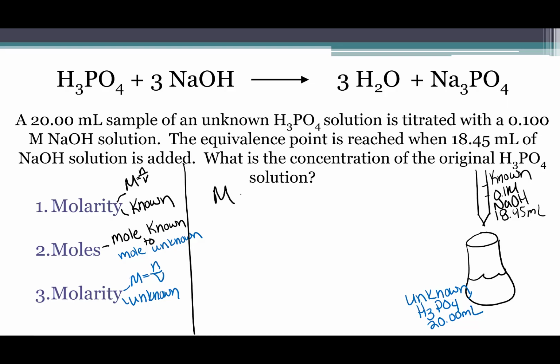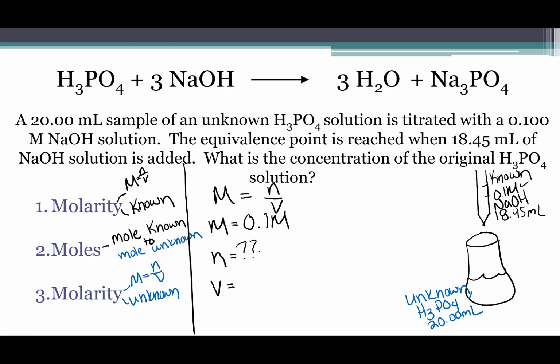All right, so let's start first with molarity. So we have our equation, molarity, moles, volume. Okay. So we're starting with our known solution. So we do, in fact, know the molarity of this solution. So again, it's 0.1 molar. No mention of the number of moles.